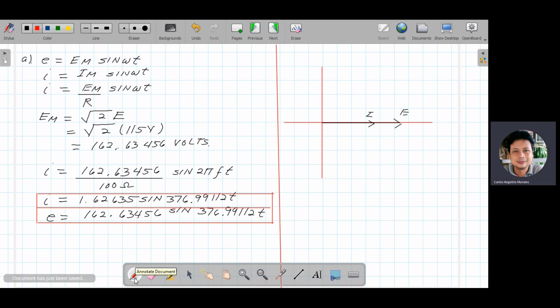So, that's the equation. And then, letter A. Tapos, ang nahanap ko, show the voltage and current on the time diagram. That will be show the voltage and current on a time diagram. Sumunod phasor diagram.